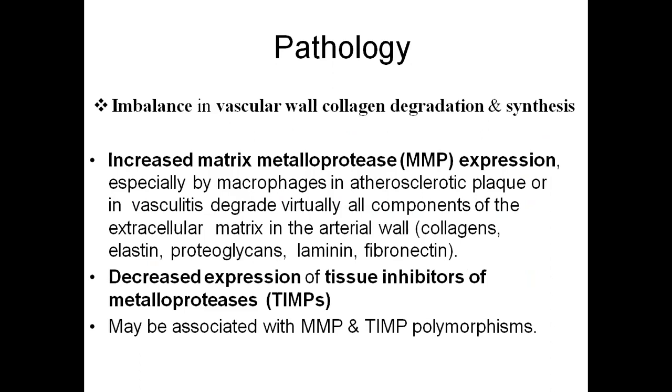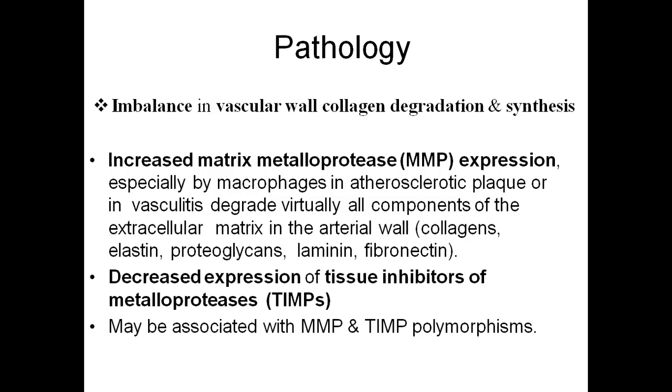Also, as I said, there is an imbalance in the vascular wall collagen degradation and synthesis. So, matrix metalloprotease expression increases, especially by macrophages in atherosclerotic plaque, or in vasculitis, and degrades virtually all components of extracellular matrix in the arterial wall, hence collagen, elastin, proteoglycans, laminin, fibronectin.